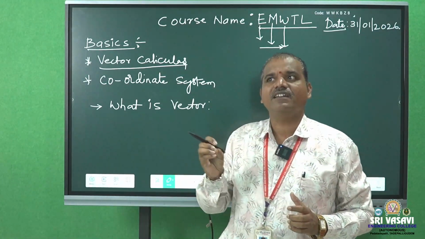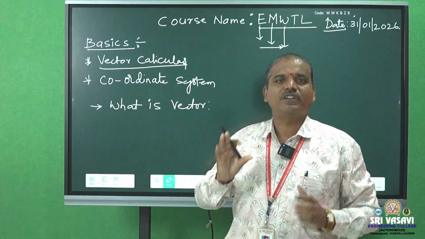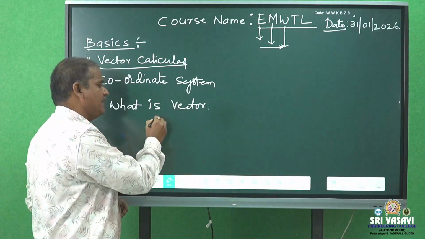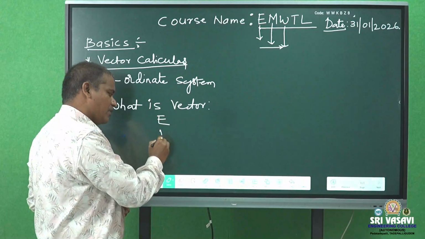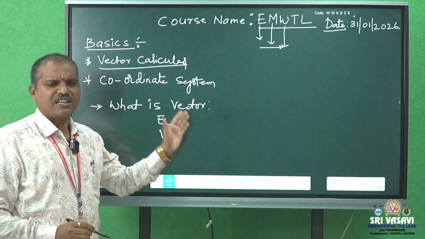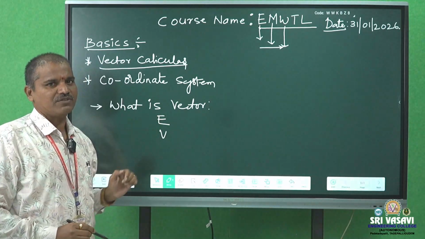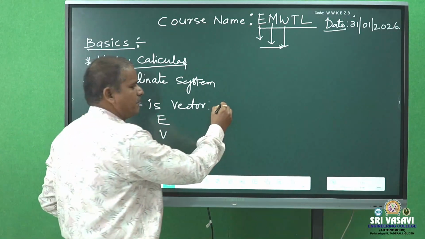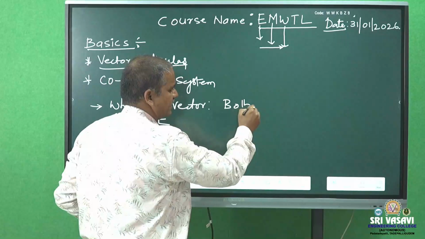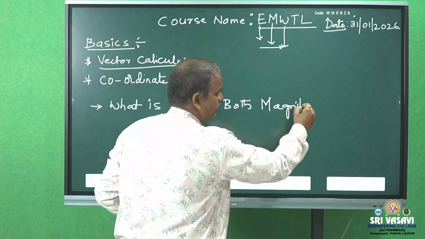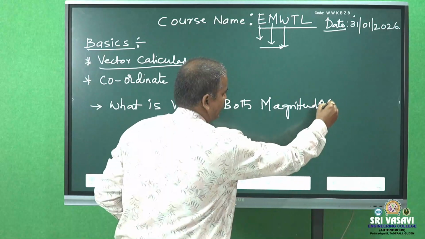There are many examples under vector, for example, electric field intensity and velocity. They have both magnitude and direction. This is the definition: both magnitude and direction.